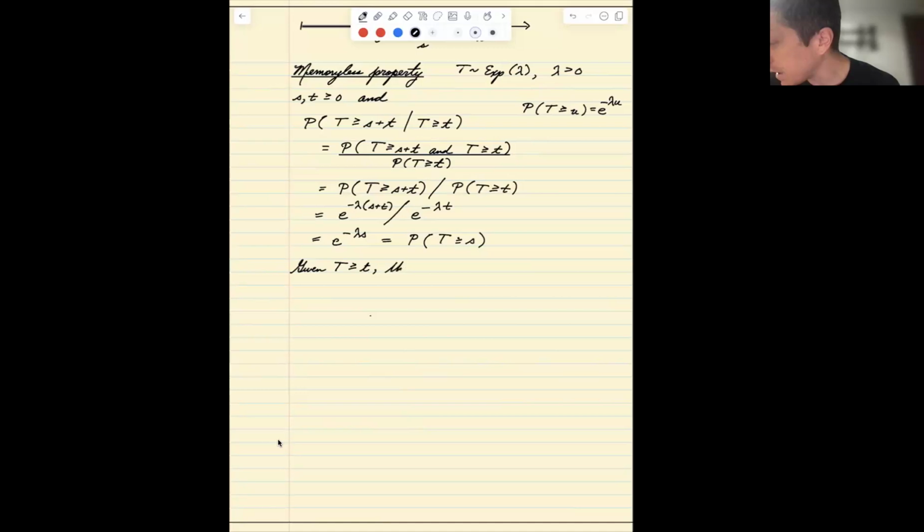So given that T is bigger than some value t, the residual lifetime, which is how much more time we have to wait, defined as T minus t, is still exponential with rate lambda.